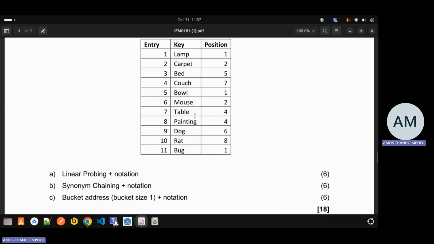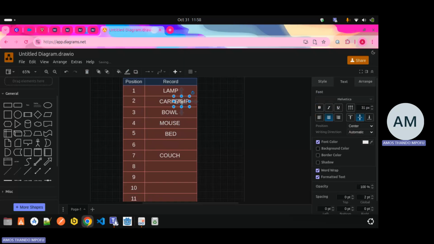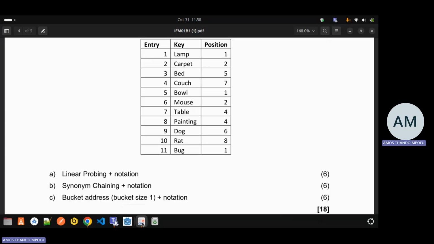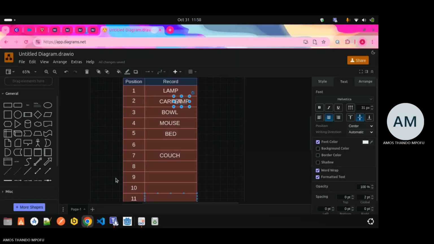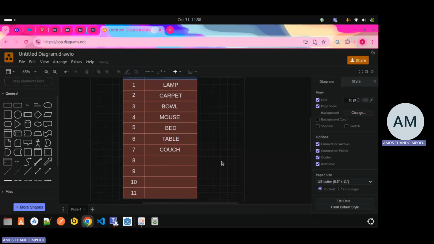And then table is supposed to go at 4, but then 4, remember, we just recently used it, so it goes to the next block. So 5, wait, 5 is already occupied too. What about 6? It's empty. Then we're gonna put it at 6. What is it called again? Table. So I'm gonna go here, and then this will be table, right?